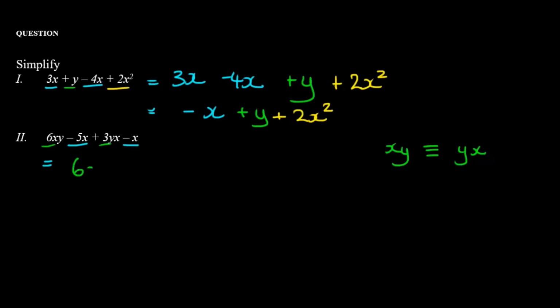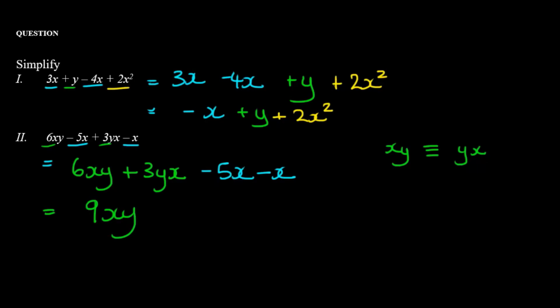So that means we could write 6xy, we could group them together, plus 3yx, and then we could group together negative 5x and negative x. If we simplify, 6xy and 3yx would be the same as 9xy, because we would have 9xy's in total. And negative 5x minus x would be negative 6x.